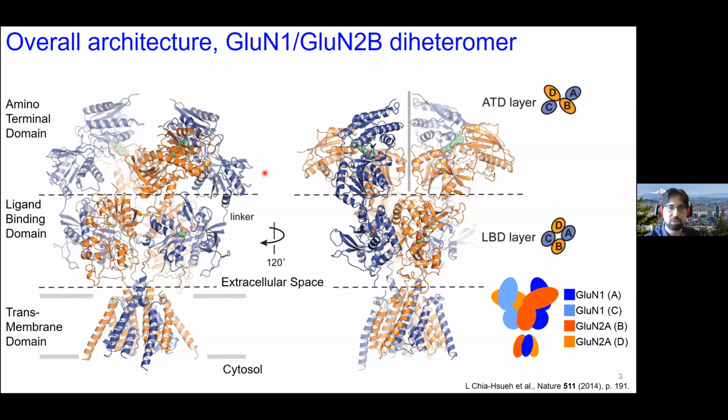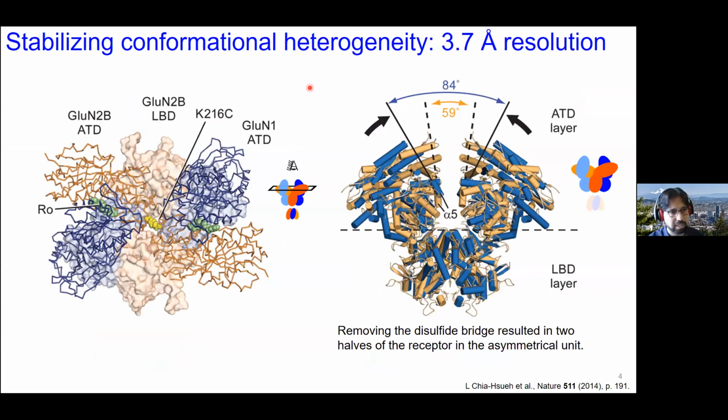So the first structures of these receptors were solved in 2014, simultaneously pretty much by the GUO lab and Furukawa lab. Both labs used the GLUN1, GLUN2B subtype of the receptor for their crystallography experiments. Now, in order for their crystals to go to high resolution, they had to introduce a series of mutations, including this K216C mutation at the amino-terminal domain.